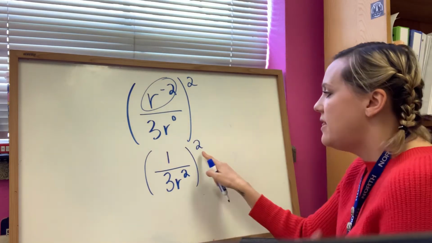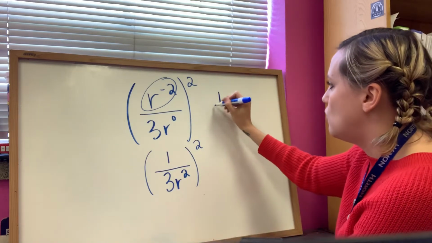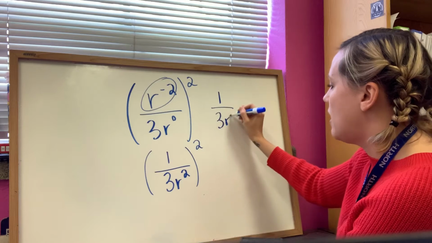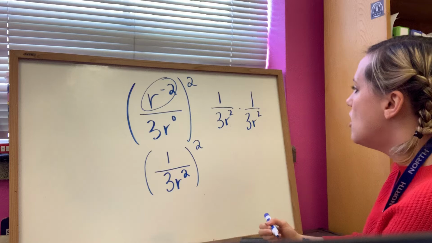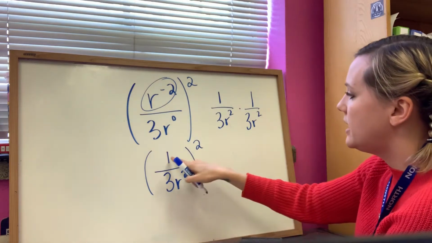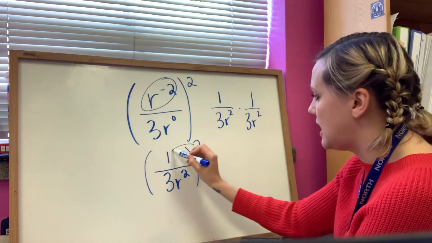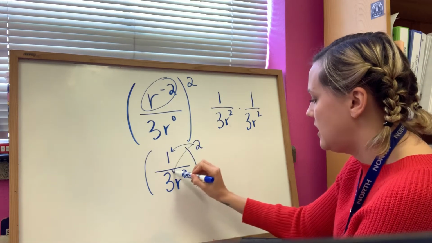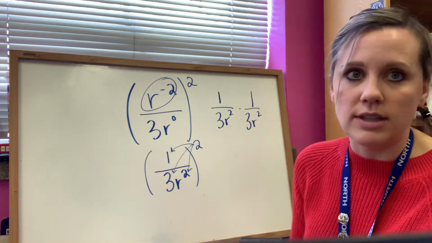This squared means I can either write this twice, 1 over 3r squared times 1 over 3r squared, or I can take this square and distribute it to each of the things inside my parentheses. I usually do it that way because I think it's shorter, but if the other way is better for you to understand, you could do it that way.